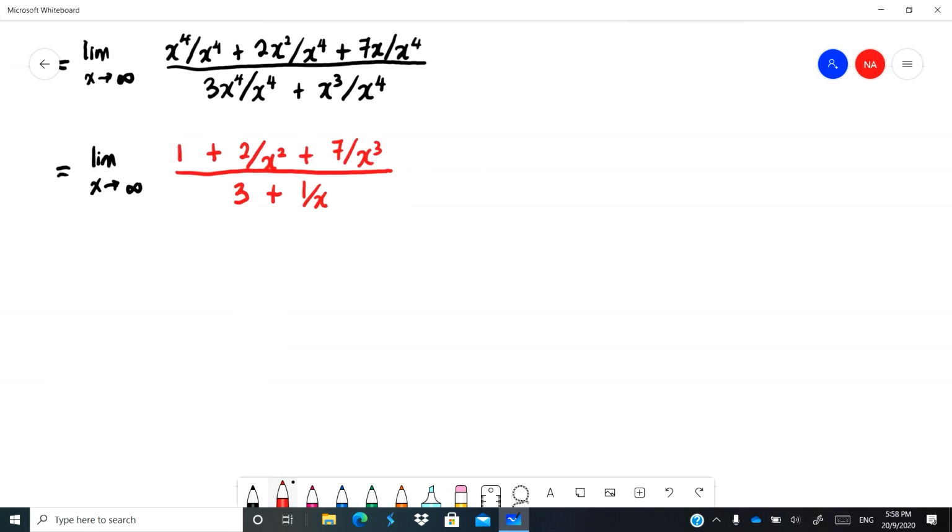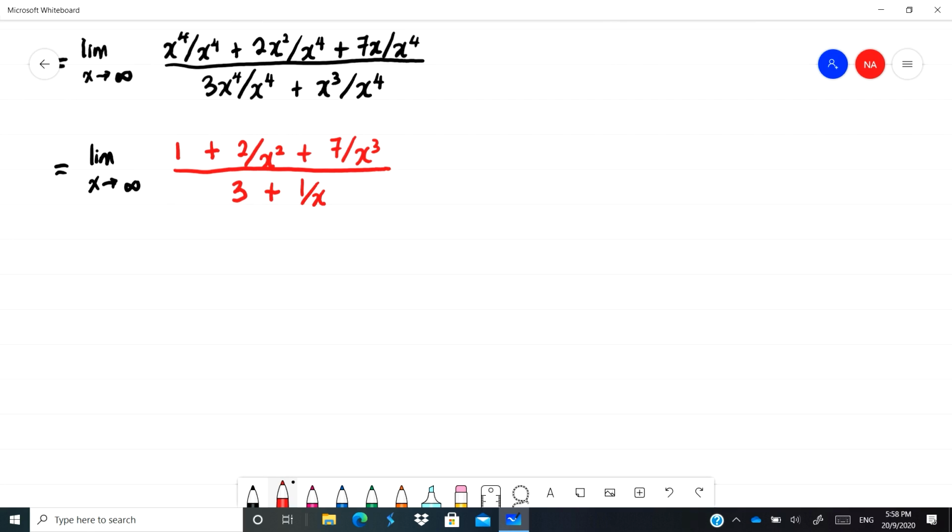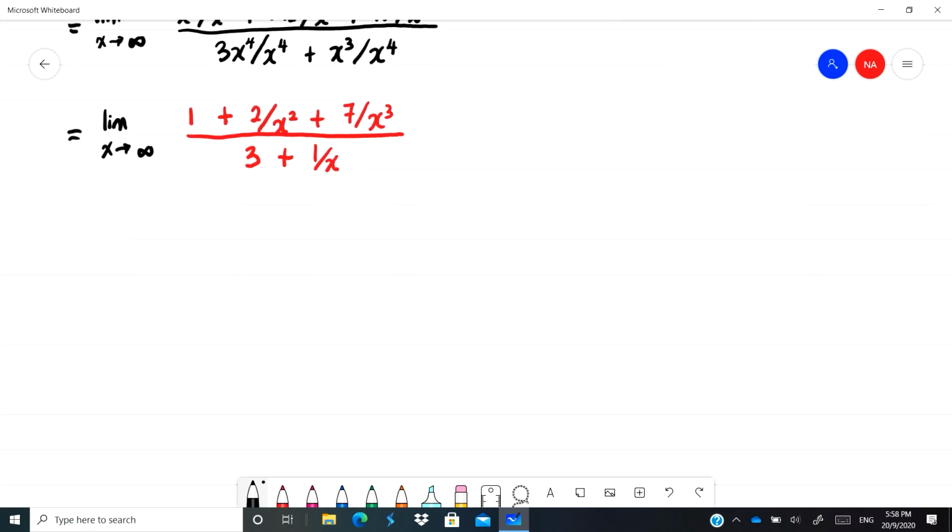Now the part where we have to substitute the value of x with infinity. When x approaches infinity, 2 divided by infinity will get 0, 7 divided by infinity will get 0, and 1 over infinity will get 0, leaving only 1 over 3.